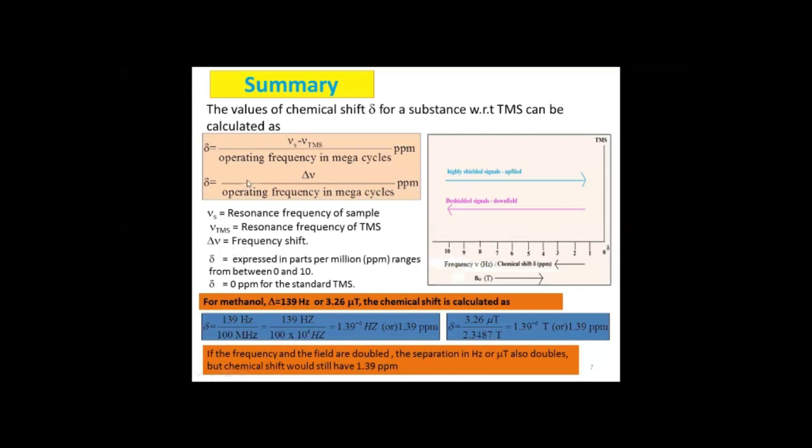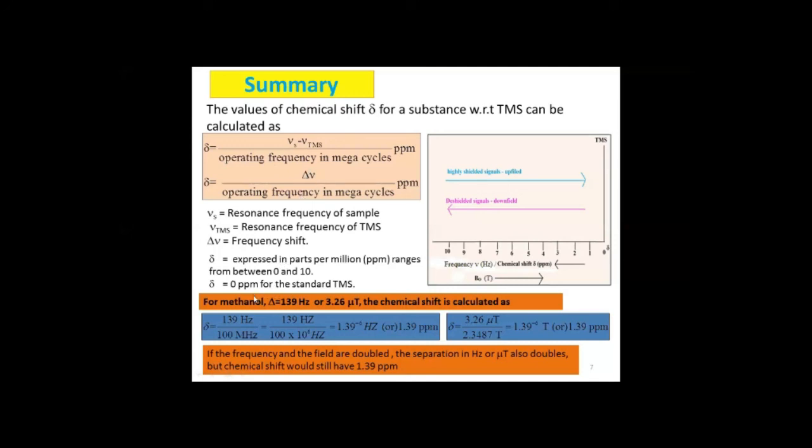And as we discussed, the chemical shift is to be taken as a fraction of the applied field strength, otherwise a fraction of the operating frequency, and then we get the chemical shift value in ppm. So the operating frequency in megahertz is taken in the denominator, and delta nu is taken in the numerator.